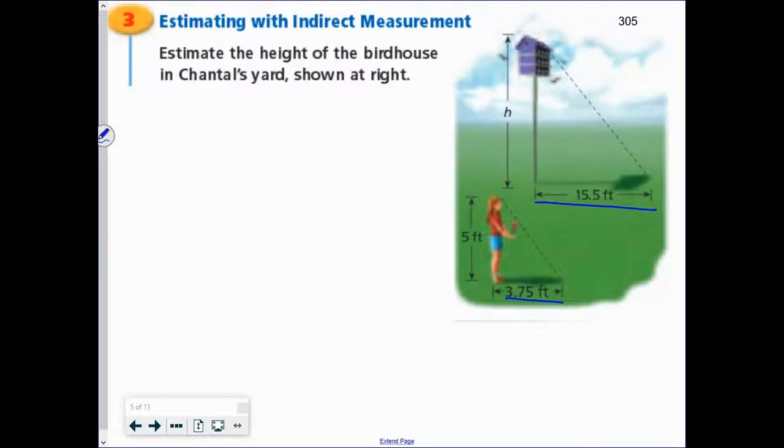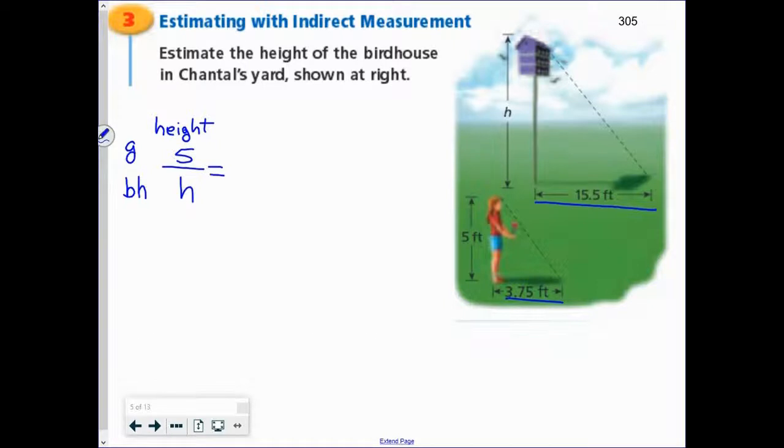When I set up my proportion, I want to set this up as height of the girl over the height of the birdhouse. So height of the girl over height of the birdhouse would be 5 feet over h.